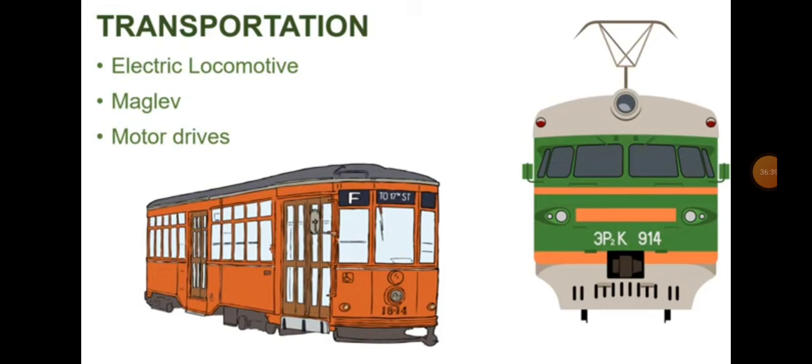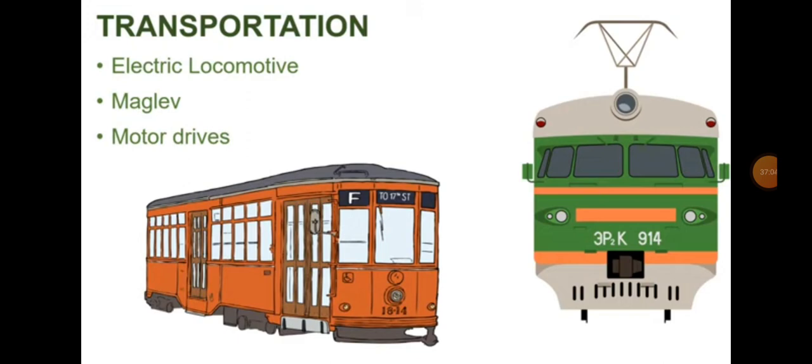Controlling of that motor or motors is done with the help of power electronic converters. Motor drives used in tram systems as well as electric buses are also made up of power electronic converters.